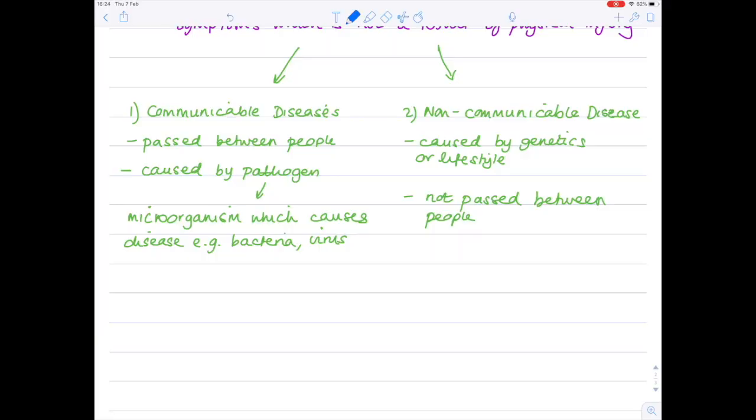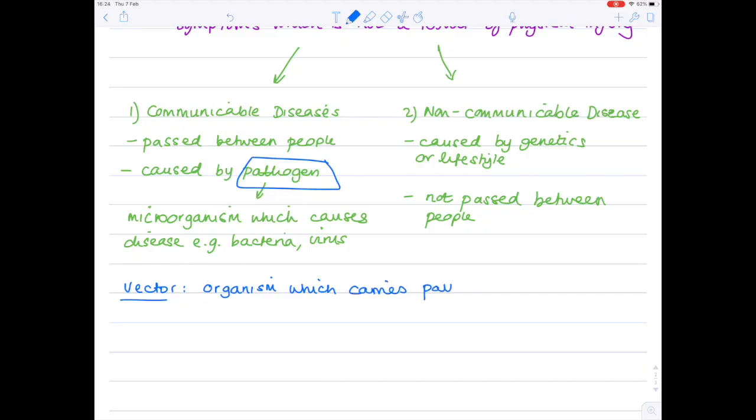Let's touch more on this pathogen definition. We've already said what it is, but there are other words associated with it that you need to be aware of, and one of those is a vector, which is actually a maths term as well, but in biology it means an organism which carries pathogens.